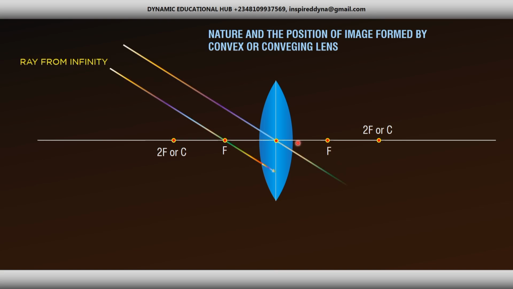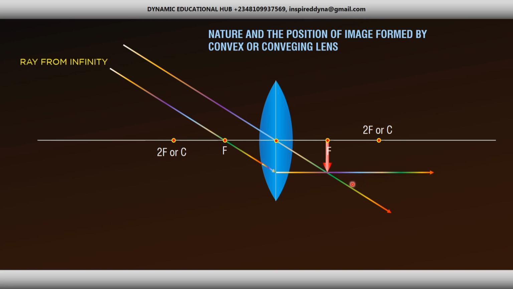Now let's have two rays coming from infinity. When rays are coming from a very far distance, infinity, just like when you want to use a lens to observe the moon, where will the image be formed? The image will be formed at the focal point, just like that of a concave mirror.